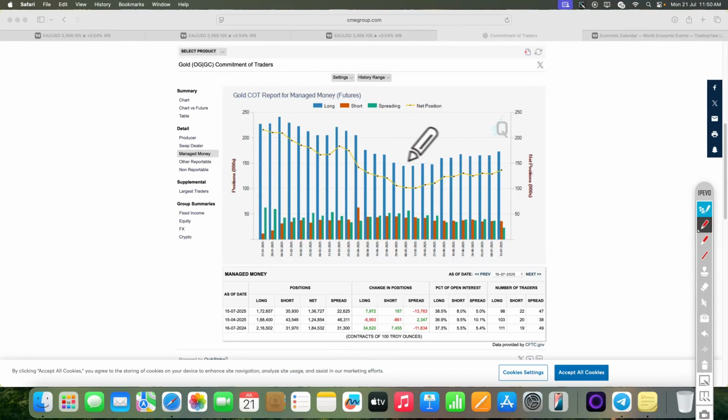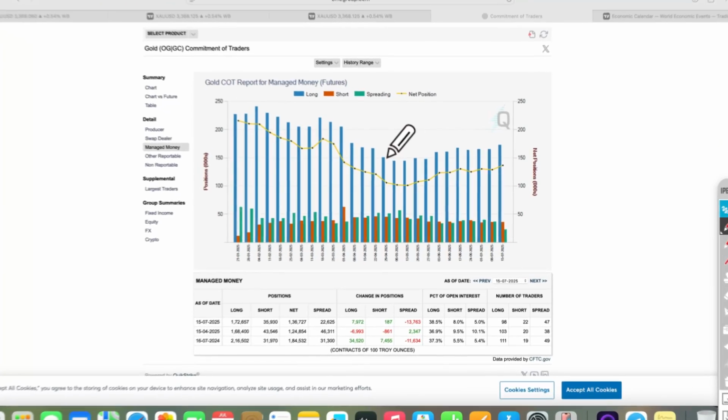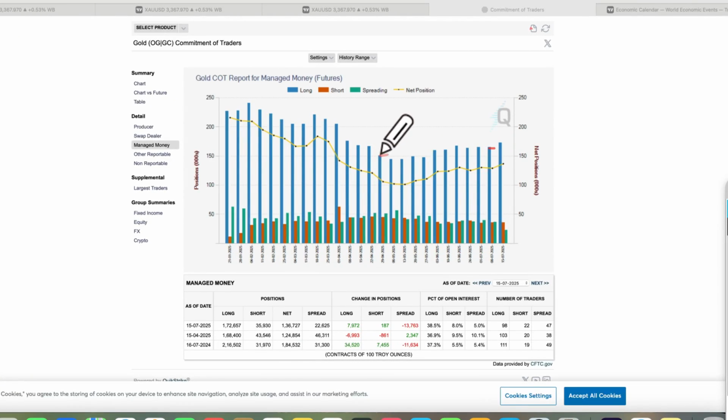If we check the net holding from this week to this week, we have seen almost a range in the net holding. But for the previous closing week, you can clearly see a very good rise in the net long positions of the managed money.